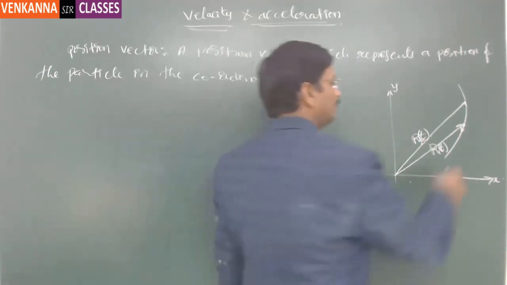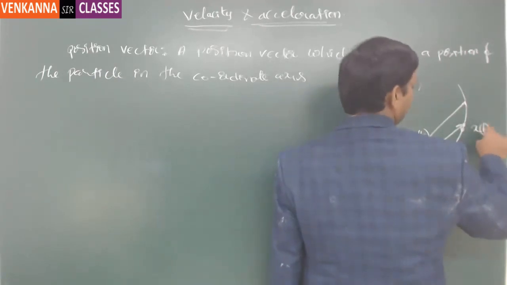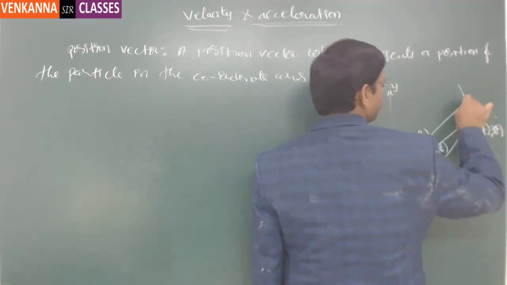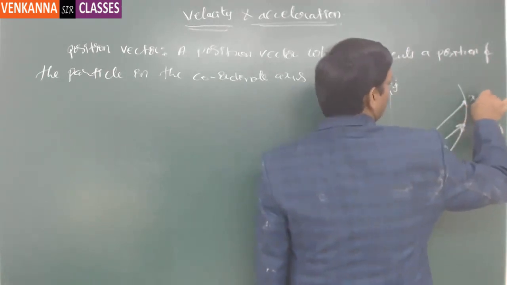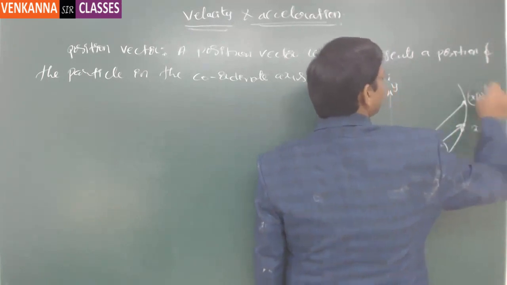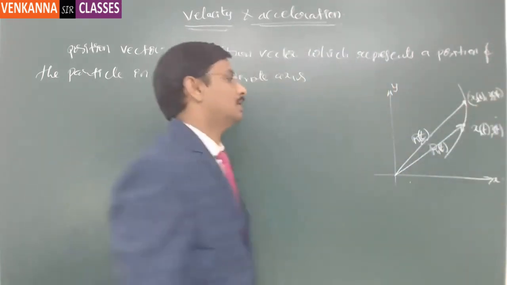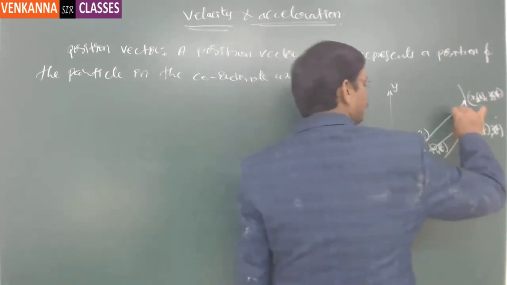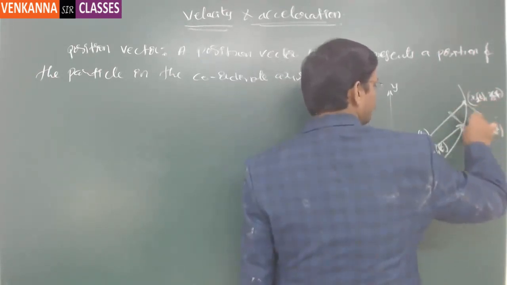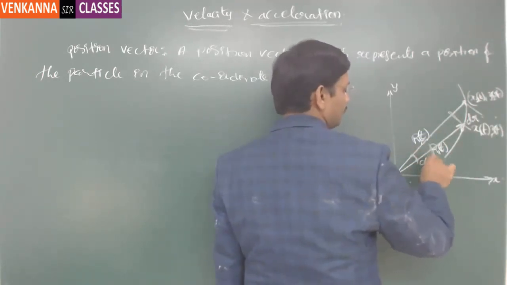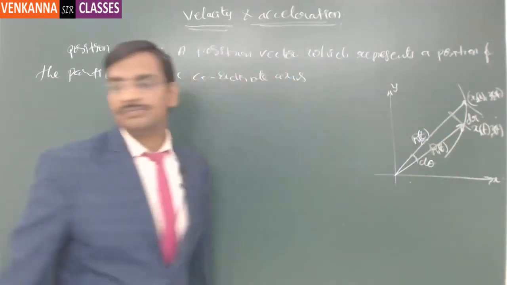So initially this location is x1 of t comma y1 of t, and the second position is x2 of t comma y2 of t. Right, so this is the position vector change. That means ideally the change that has happened in the radial direction is this, so this is dr and the angle that is changed is d theta. Got it?